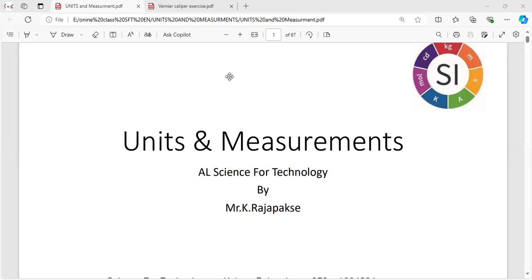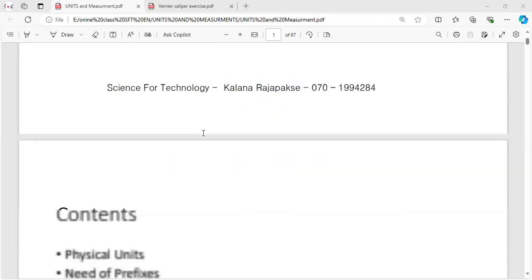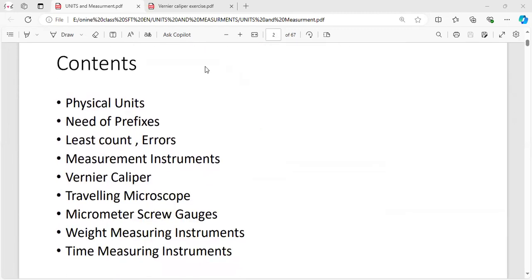Today's topic is units and measurements. Under this unit, we will talk about the physical units, the need for the prefixes, what are the least counts and the errors, and other measurement instruments such as vernier calipers, traveling microscope, micrometer screw gauge, weight measuring instruments, and time measuring instruments.